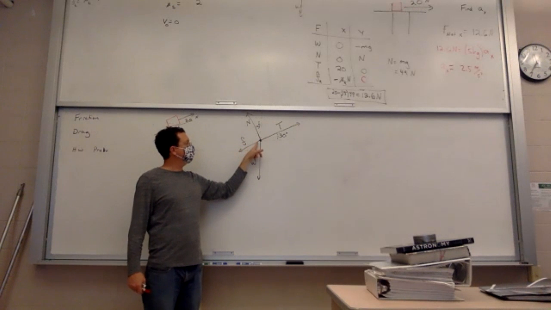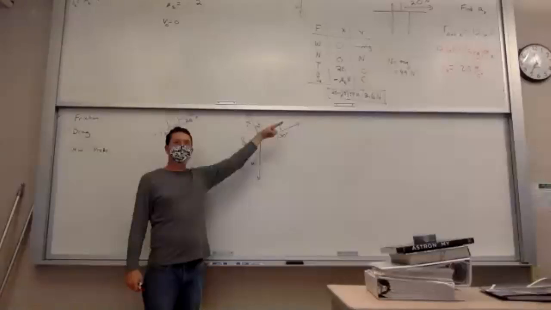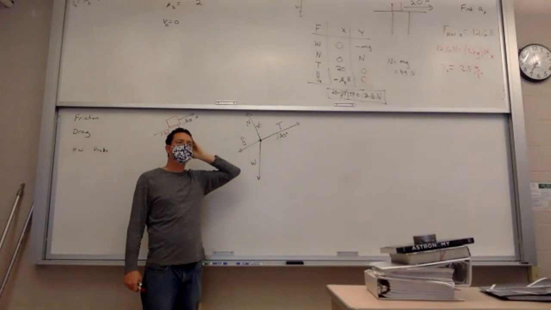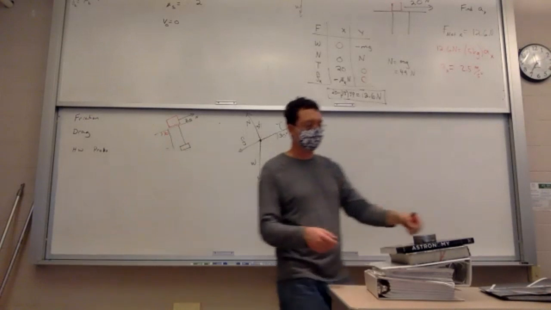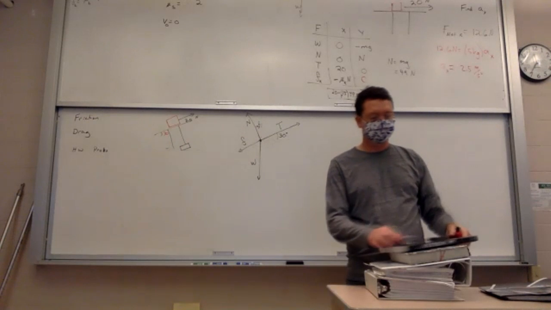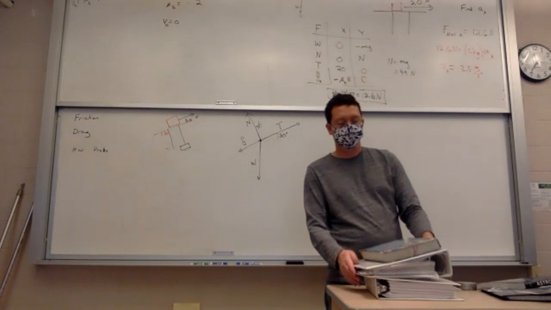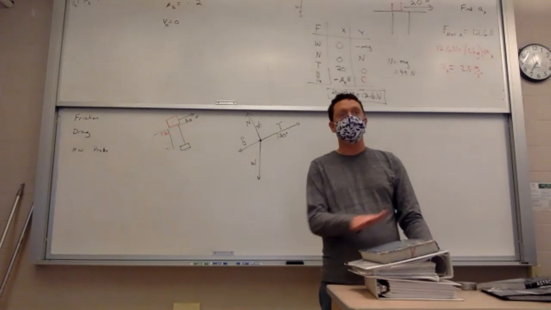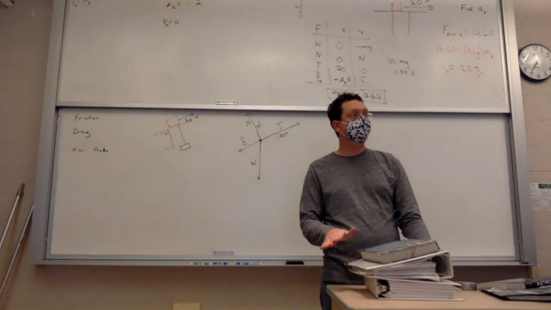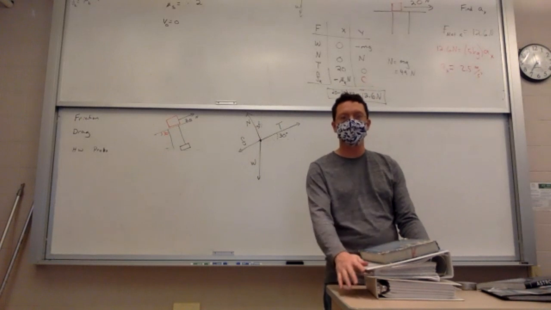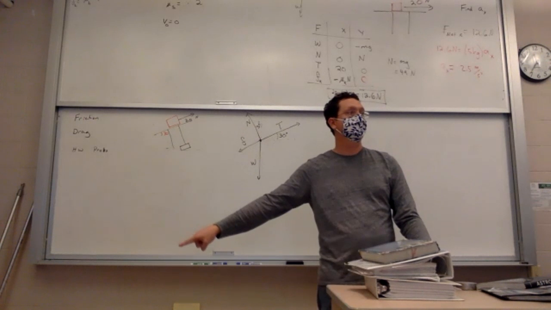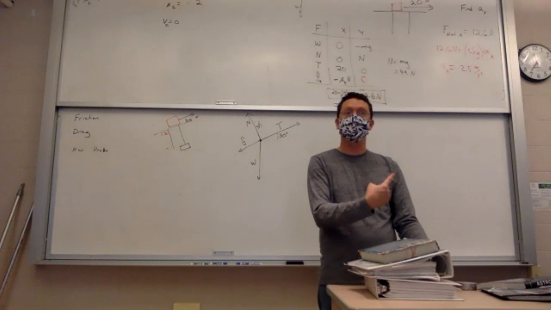Do you understand that friction could point up the ramp? Think about this one. This book is on a downward slope. Friction is holding it uphill. If I replace this binder with ice, the book's going down. So therefore, friction is going uphill.